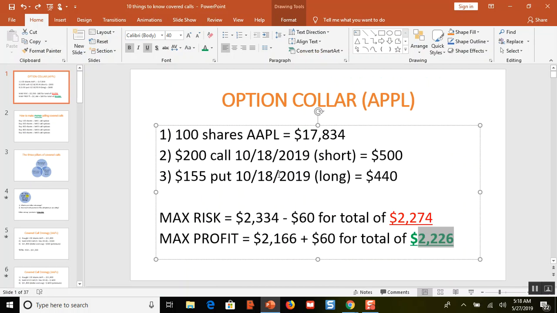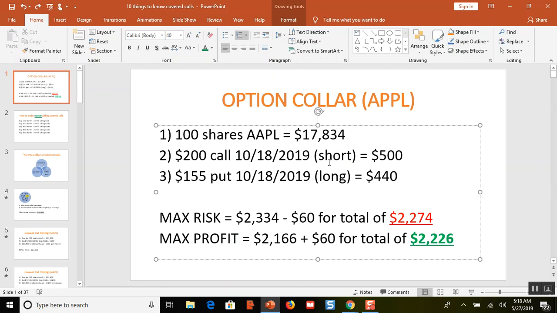And instead of just flat out buying 100 shares of Apple, and then if Apple goes to $100 a share and you don't have this put option, then you lose a heck of a lot more money. You're going to be down like what, $7,800. I mean, it's way better to lose $2,274 than it is to lose $7,830, right?